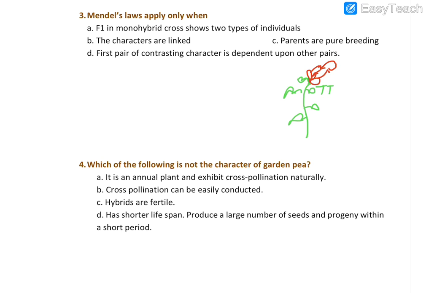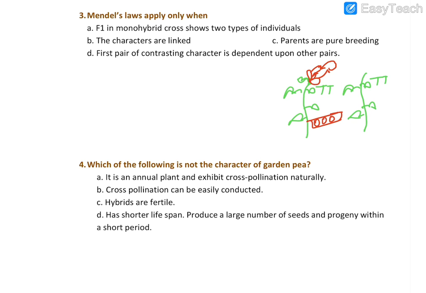The pea plants exhibit self pollination naturally. Then what are the seeds that are produced? If you allow these seeds to germinate, even in the next generation, you get only tall plants. Such plants we call pure line plants.